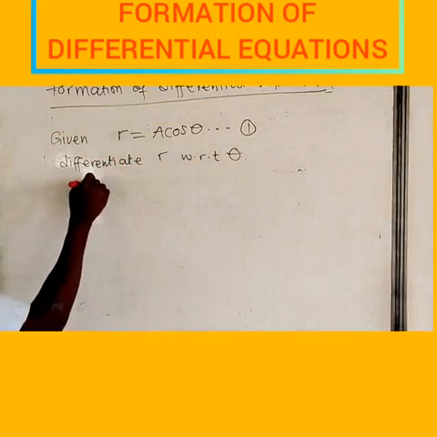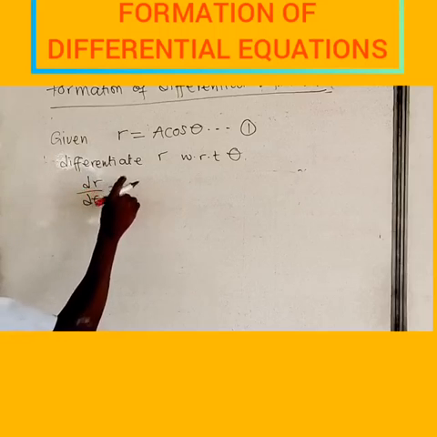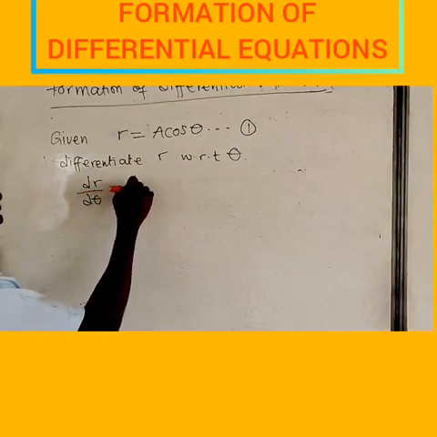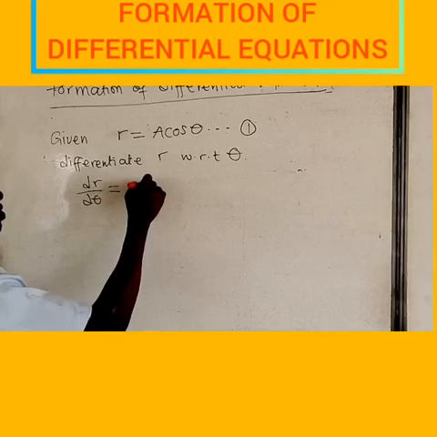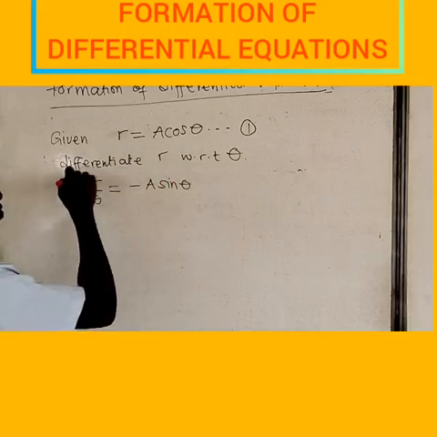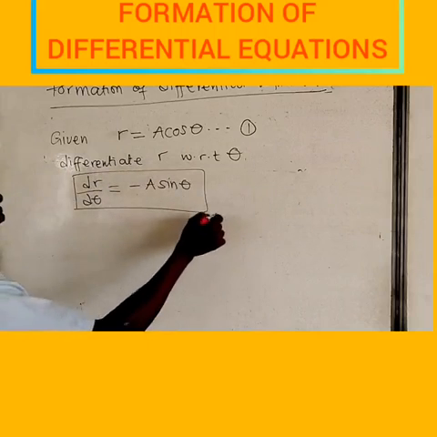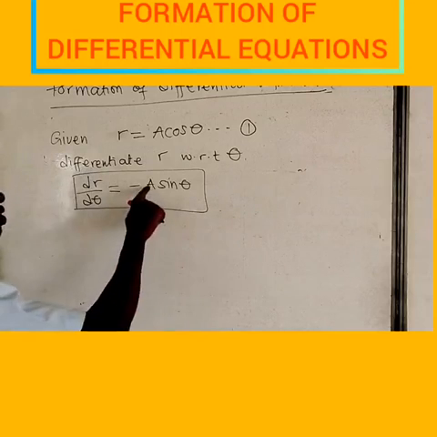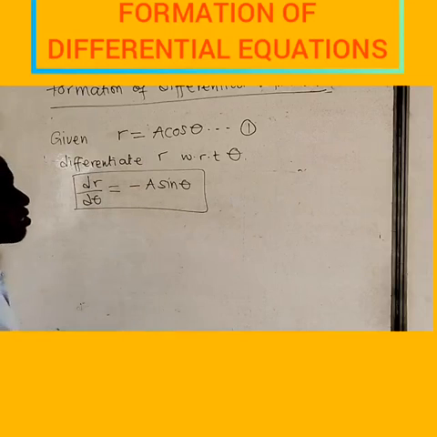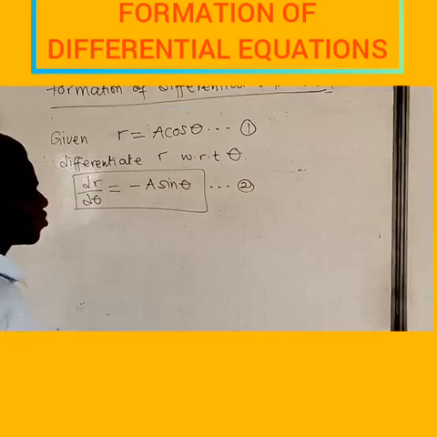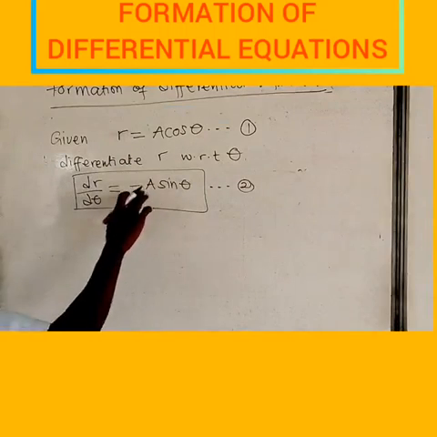So we get dr over d theta is equal to, if you differentiate cos, we get minus sine, so directly minus a sine theta, and this is our differential equation. But it contains the arbitrary constant a, so we have to eliminate it. We name this equation 2, then eliminate the arbitrary constant.